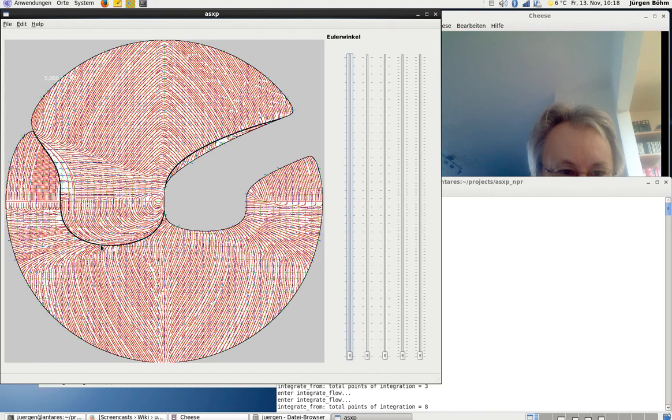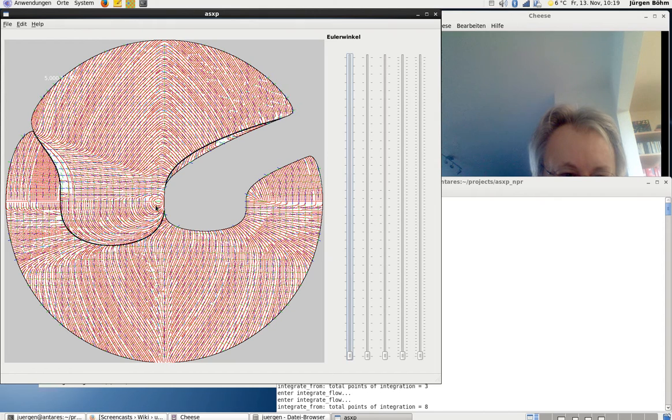But in general, it's a quite good evenly spaced set of integral curves, which highlight some peculiarities of the surface, which were not immediately visible, of course not in the silhouette-only display, but also not in the cross field display alone.